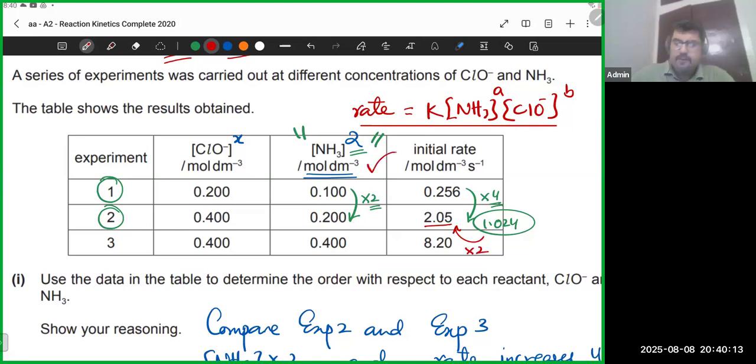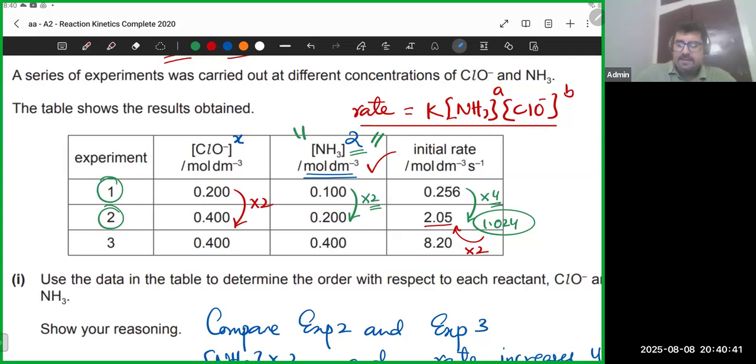So ammonia ka effect, I've already included ammonia's effect. Ammonia would have increased the rate to 1.024. But as you can see that in experiment number 2, the rate is not coming out to be 1.024. It's actually doubling again. It's double that, right? So what is making this double again? That will be the effect caused by the other reactant, ClO minus 1, because that is doubling.